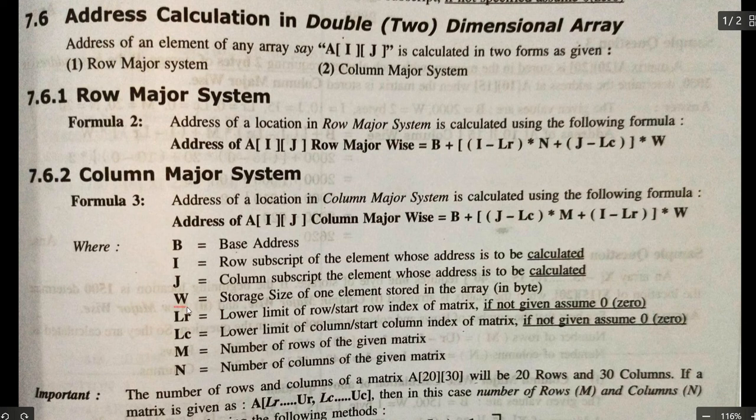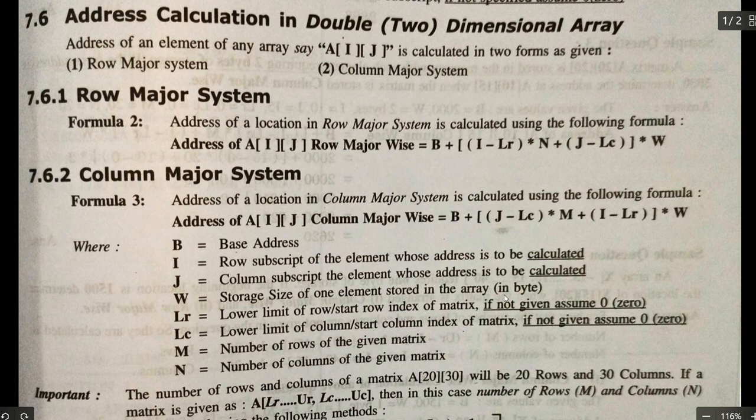Now, what is the meaning of W? This W you are able to observe in these two formulas. If we are calculating the address in row major system or using the column major system, in both cases we have to use this value. W means the storage size of one element stored in the array, in bytes.